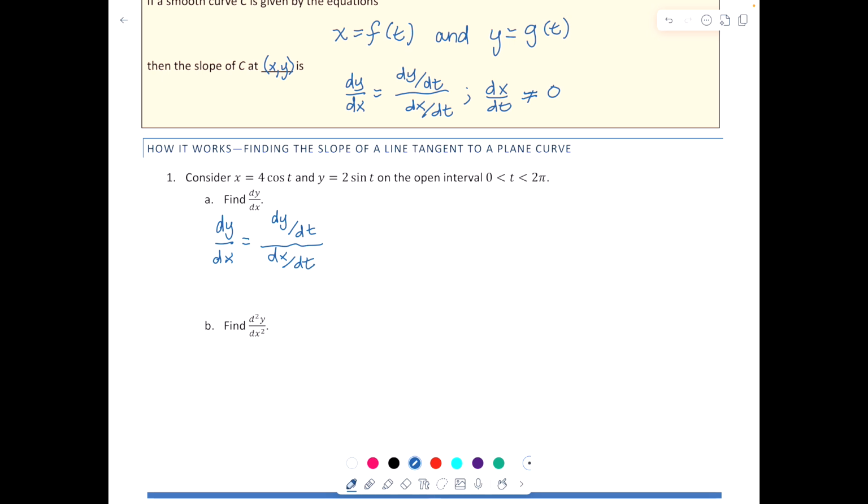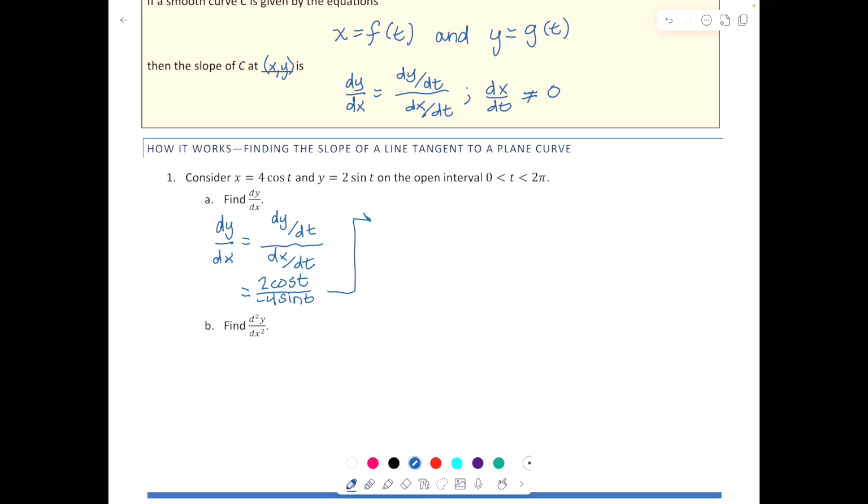And so we will get dy dt. So remember, y is 2 times sine at t. So that's just going to be 2 times cosine at t. And dx dt will be negative 4 times sine at t.